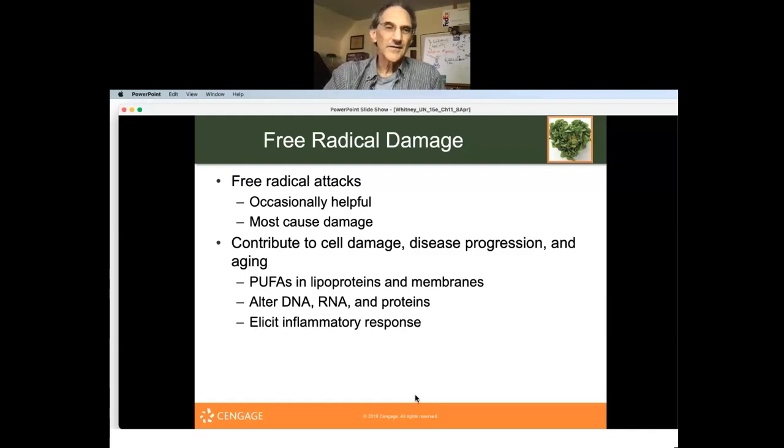Some specifics: it could oxidize polyunsaturated fatty acids, PUFAs, sometimes they're known, in lipoproteins and membranes, disrupting the normal structure by reacting with unsaturations. It's those double bonds. They can alter genetic material, DNA, RNA, and other proteins, and they could elicit an inflammatory response.